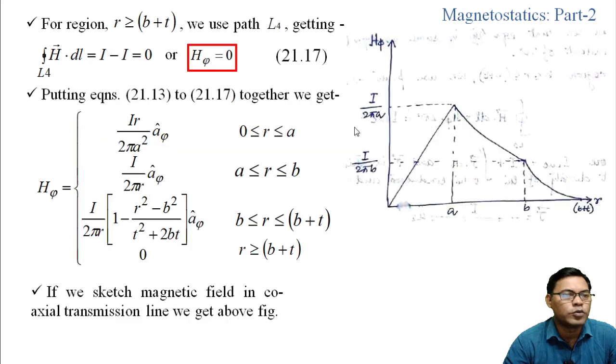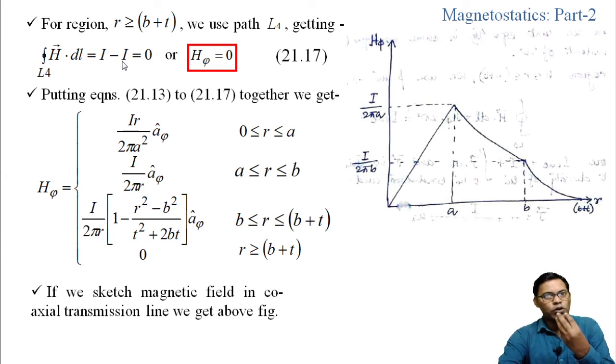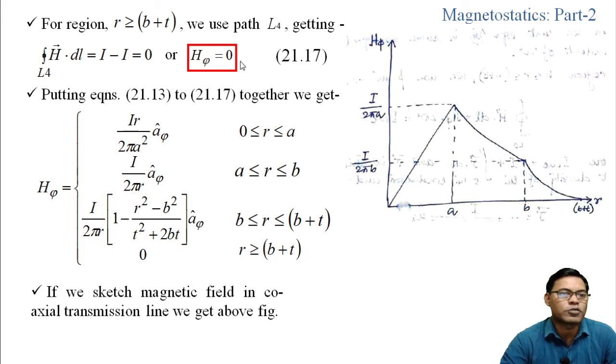So now H dot dl equals I enclosed. I enclosed is I minus I, because the current enclosed by the Amperian path L4 will be 0, since the total current coming out of the inner core will be the same current moving into the outer core. So the total current will be 0. So H phi will be equal to 0.